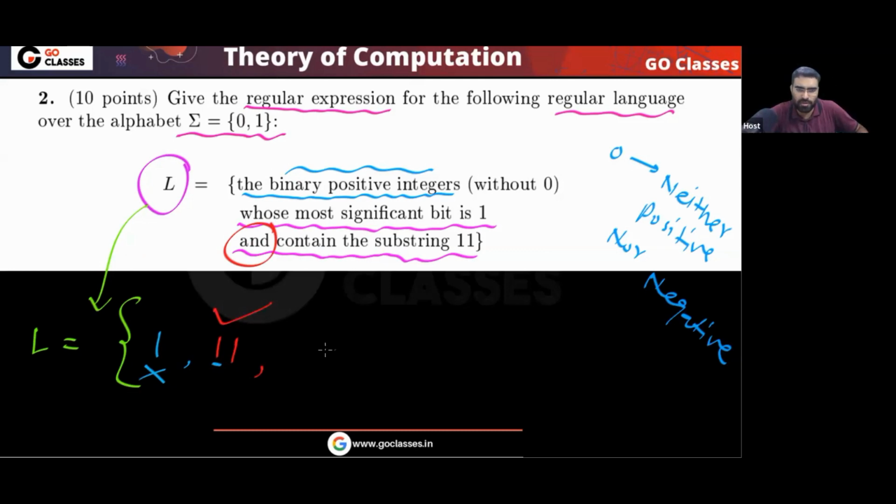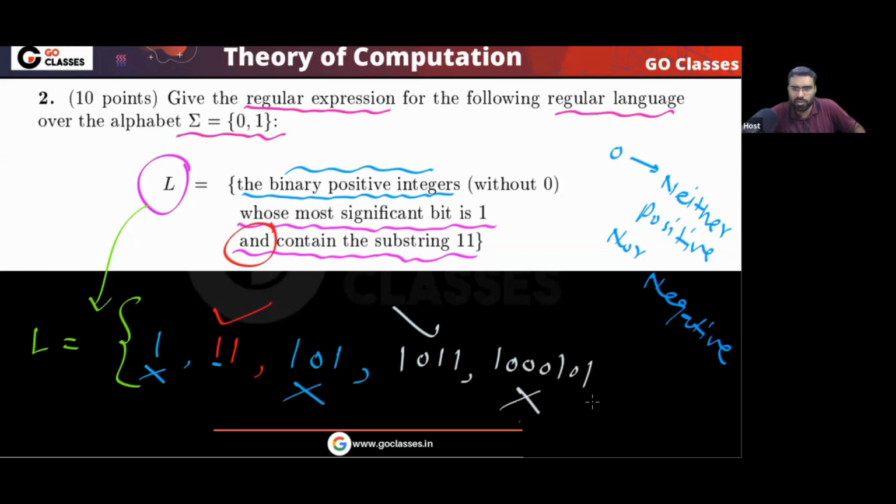What about this one? This does not belong to L. This one belongs to L. This one does not belong to L. This one belongs to L. So like this. I hope this point is clear. Did you understand the language?